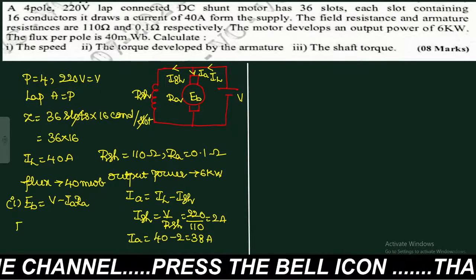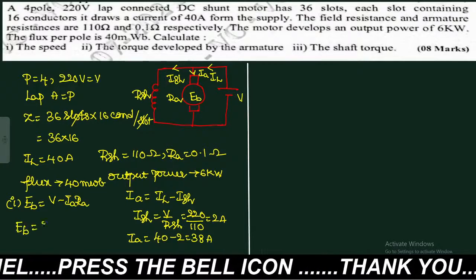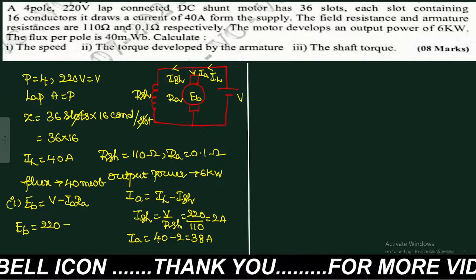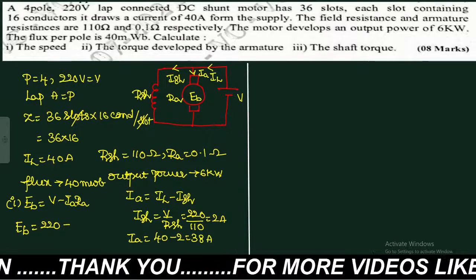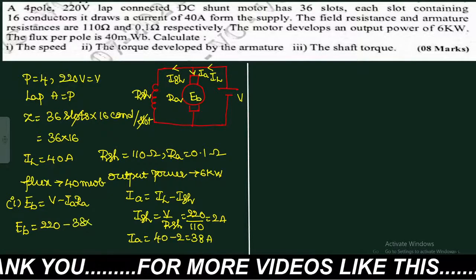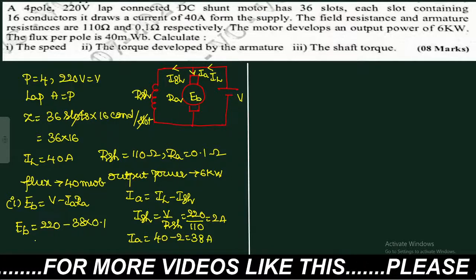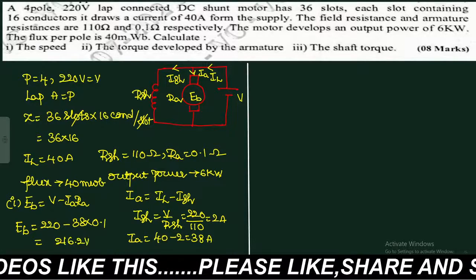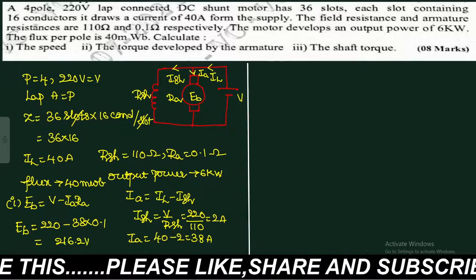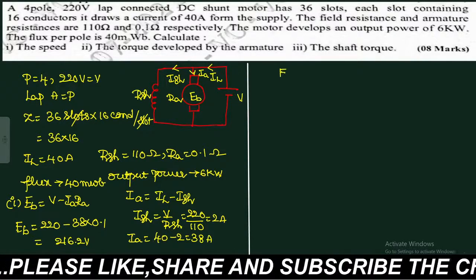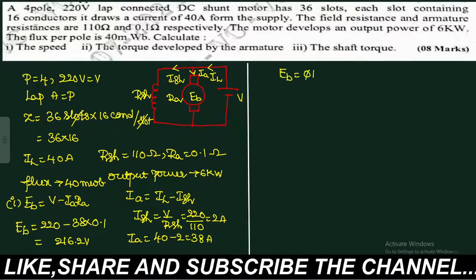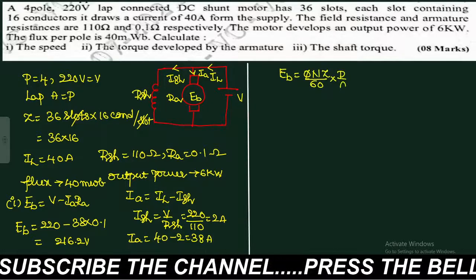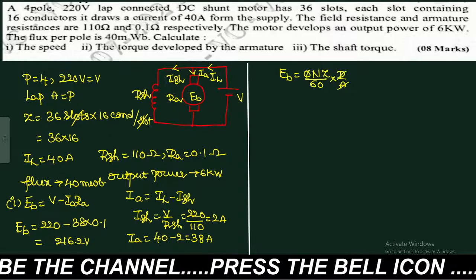Now you can calculate the back EMF. Back EMF is 220 minus IA, 38, into RA, 0.1. If you do that, you will get 216.2 volts. But we do not require the back EMF, we require the speed. The back EMF formula is phi N Z by 60 into P by A. P by A gets cancelled because it is lap connected.